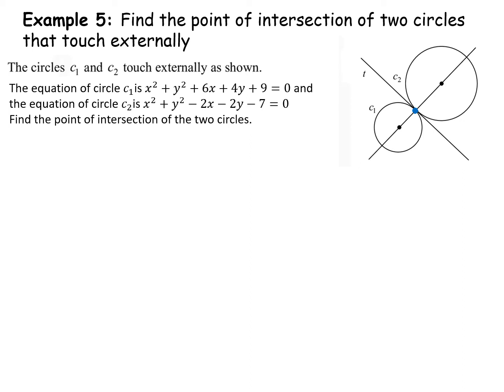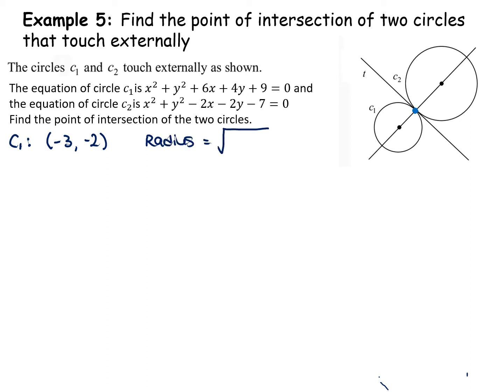So the first thing we're going to do is work out the center and the radius of each of the circles. Taking our equation as per page 19, x squared plus y squared plus 2gx plus 2fy plus c, we can take out that the center, which is minus g, minus f, is minus 3, minus 2. And our radius, we can work out using the formula on page 19.